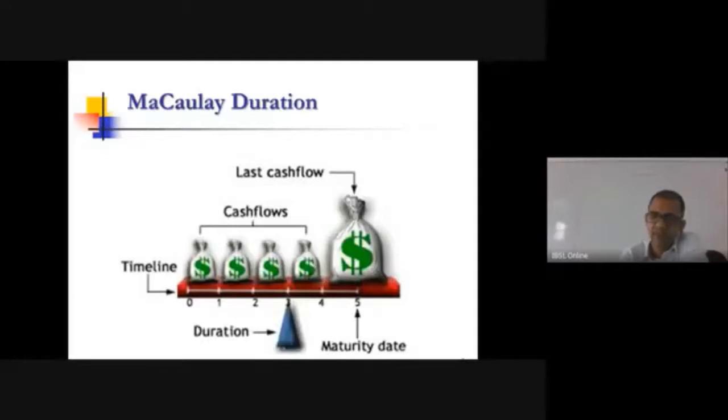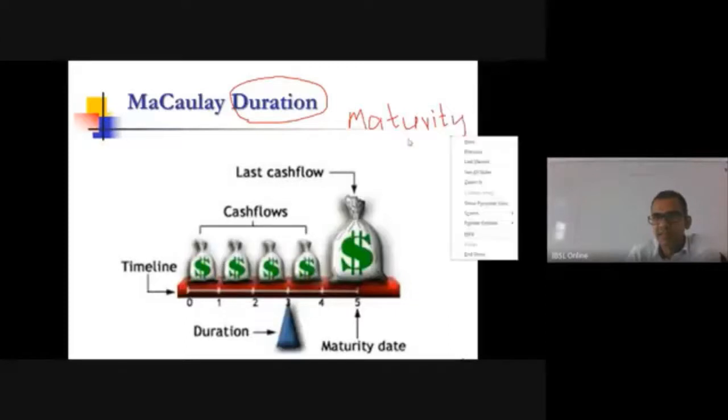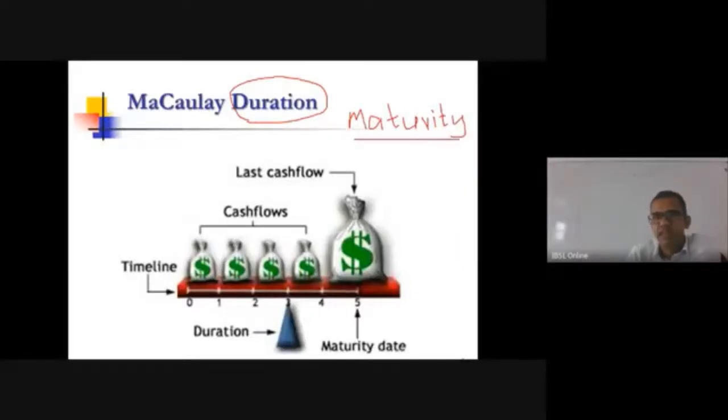Again, by looking at this, you won't get that much information. One more thing, remember the word duration, and don't get confused with maturity. When it comes to bonds, or not only bonds, when it comes to financial markets, technically maturity and duration have two different meanings.